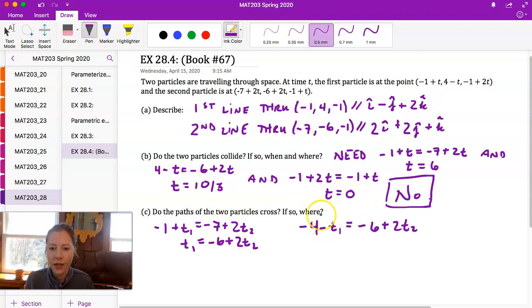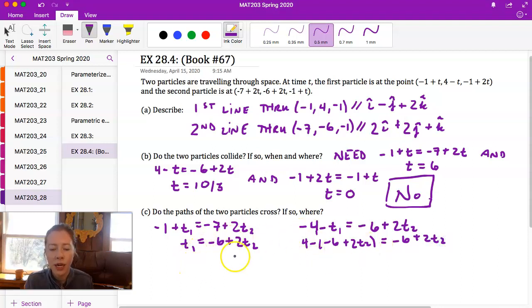All right, so for this, let's solve for t1 in terms of t2 once again. So this will give us 4 minus (-6 plus 2t2) is equal to -6 plus 2t2.